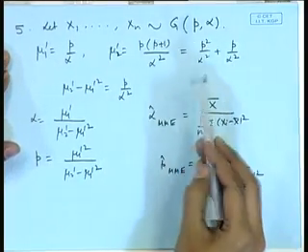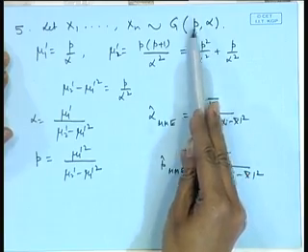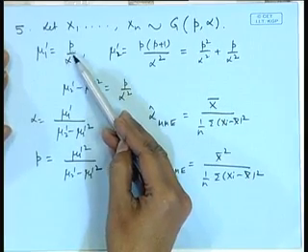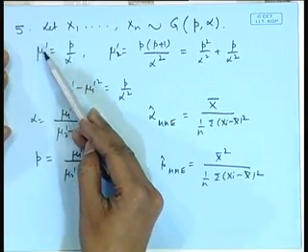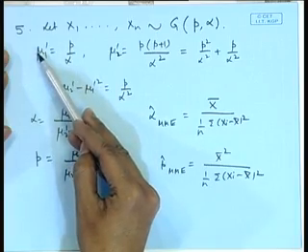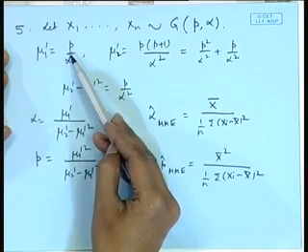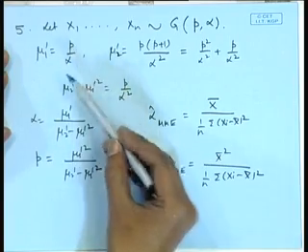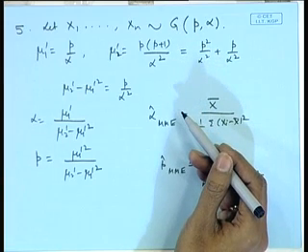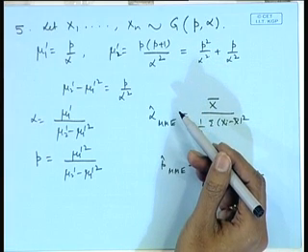Notice here that if I had taken p to be known, then the problem will be extremely simple, because in that case I can simply substitute in the first equation itself x bar, and the estimate of alpha will become p by x bar. However, if a 2-parameter situation is there, the solutions are not straightforward to obtain.